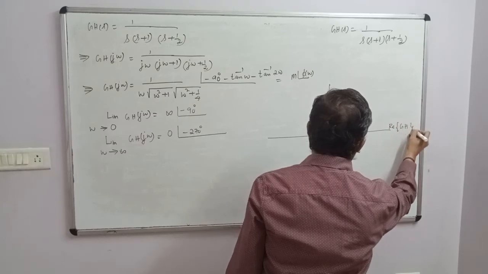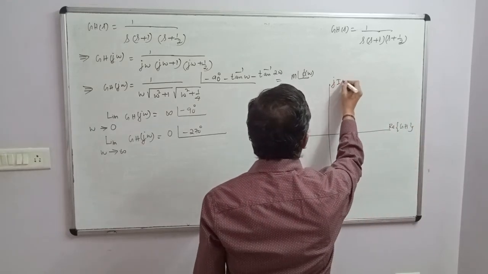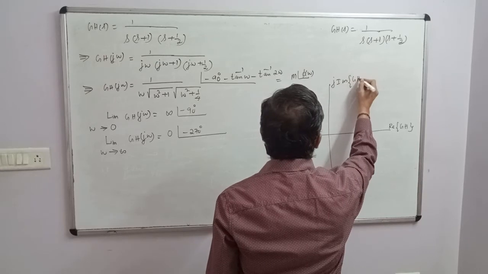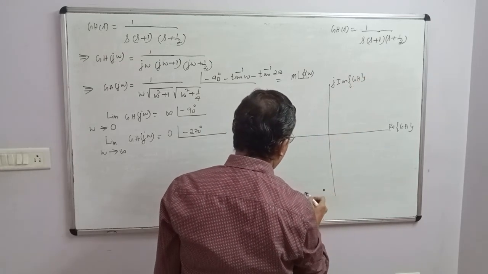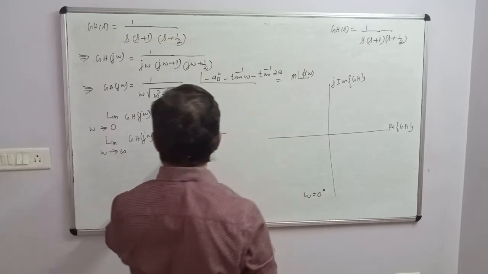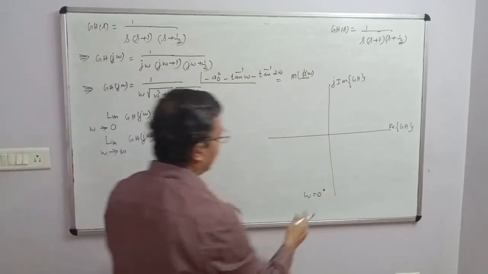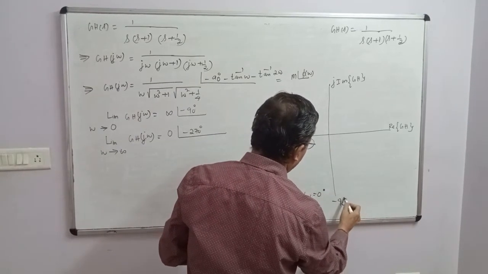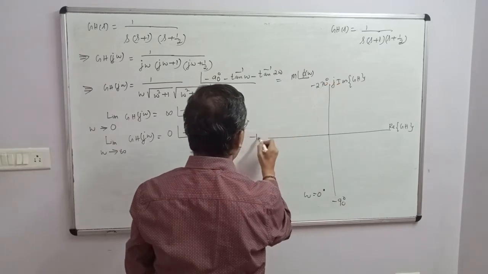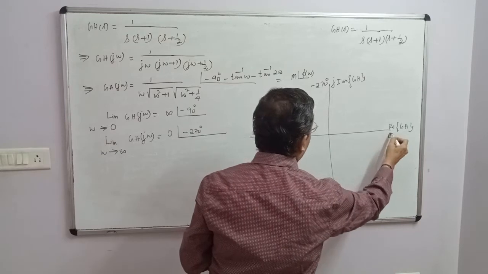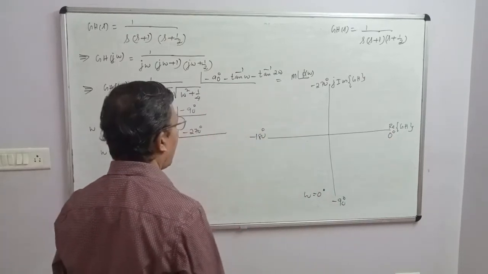This is the real axis, real GH, and the imaginary axis is j times imaginary GH. When omega is 0, magnitude is infinity, angle is minus 90. This is the point. This axis denotes minus 90 degrees. This axis denotes minus 270 degrees. This is minus 180 and the reference is 0 degrees.